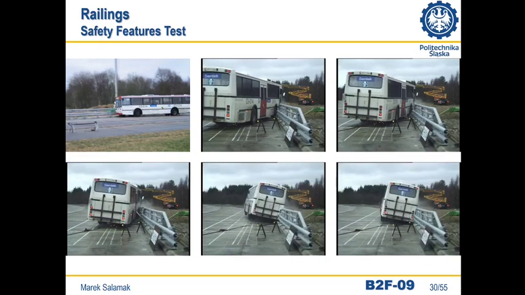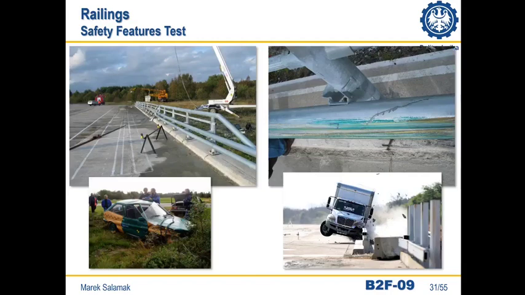According to current regulations, each barrier before its admission must be first checked in failure tests on exclusive test tracks. Here you see an example of a bus. This is what the collision effects with a passenger car and a van look like.